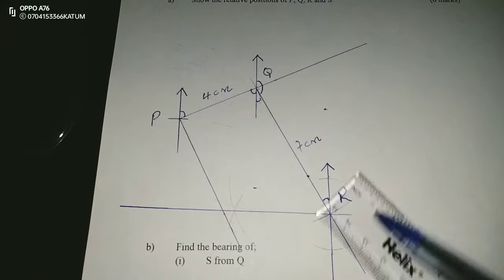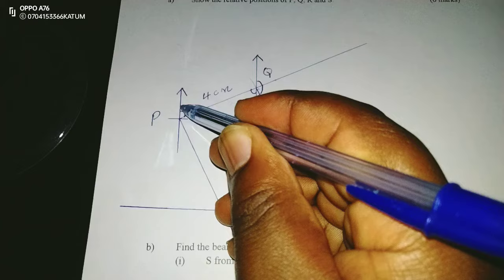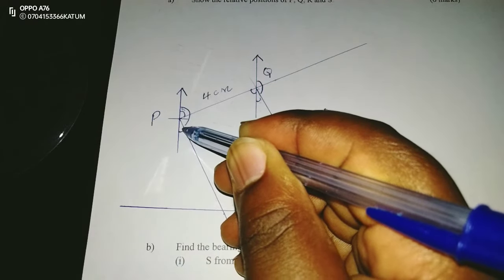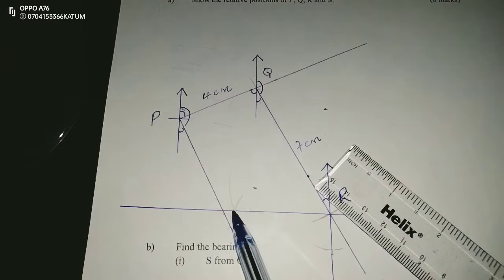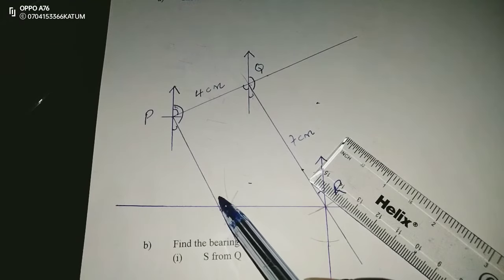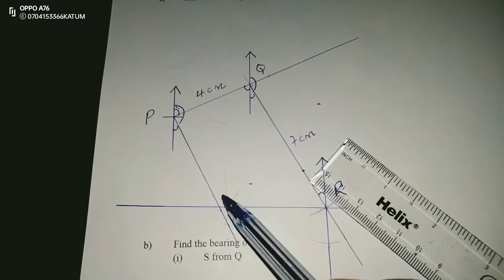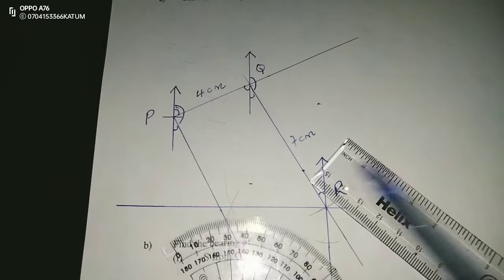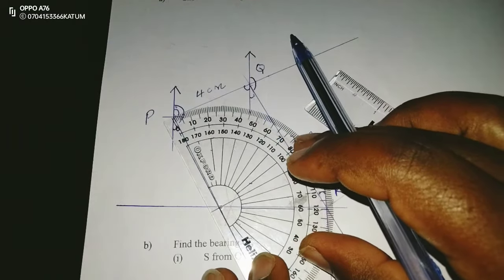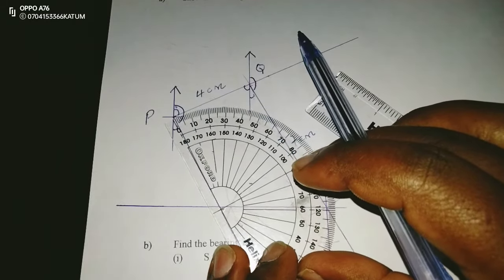Something we should know is that for me to measure 155 here, then I must have left an angle of 25 at this point. This means for me to get a compass at S, I should measure another 25 at this point. So an acute angle of 25 measured at this point will give me a very good north.